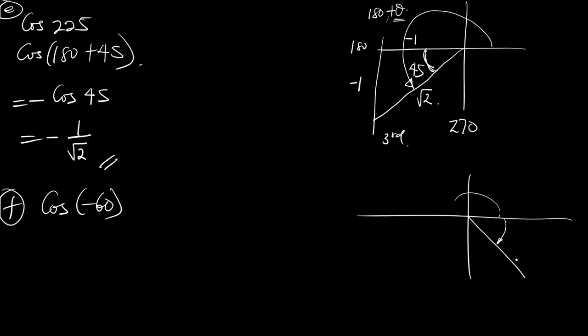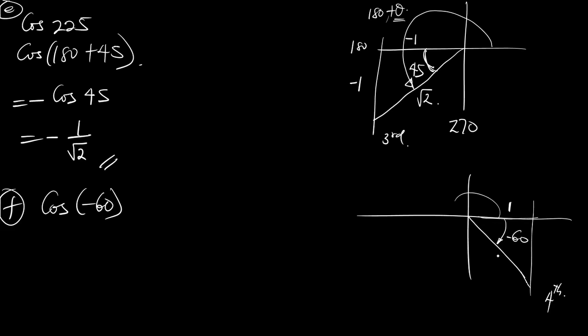So clockwise, you will have minus 60, which falls on the fourth quadrant. And on the fourth quadrant, this is 60.